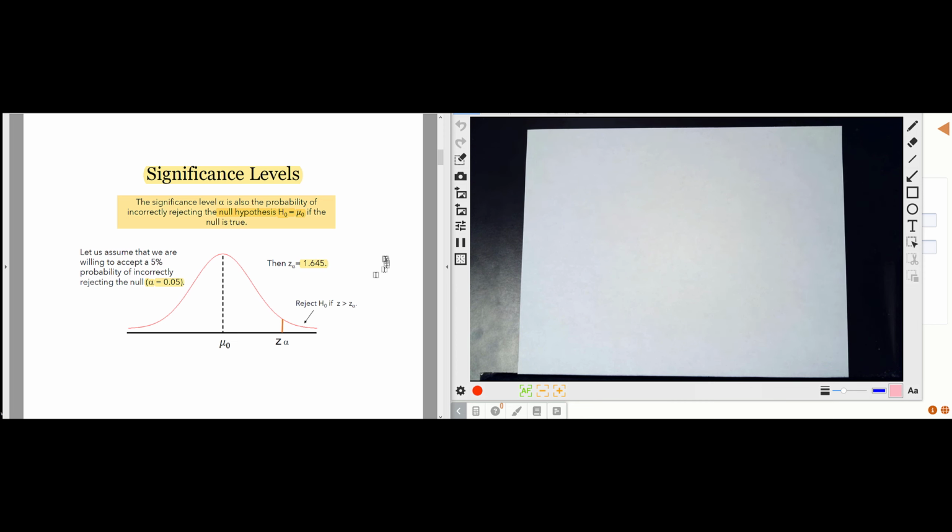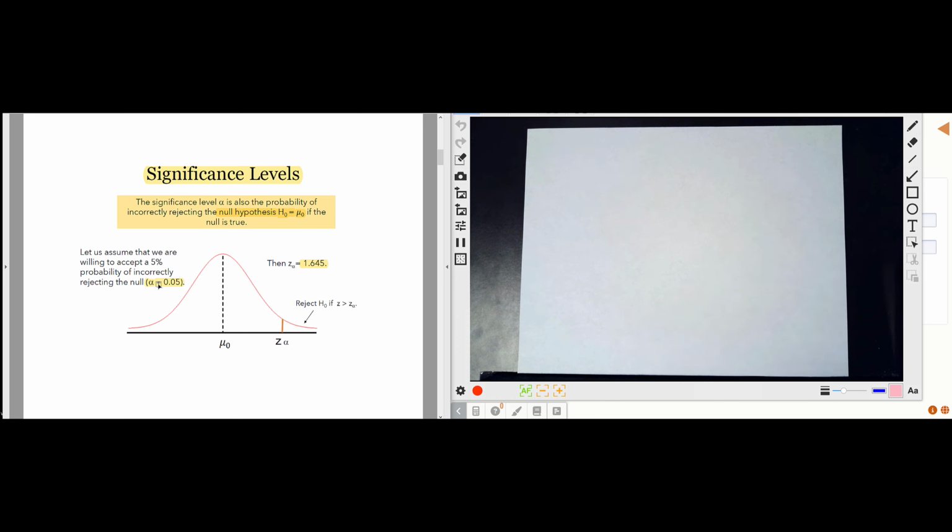we use the critical value tool or table to find that the z-score for that is 1.645, all right? The way our hypothesis testing works is if the sample that we have selected has a mean that is to the right of that z-score, 1.645, we will reject the null hypothesis with a 5%, a 0.05 significance level.